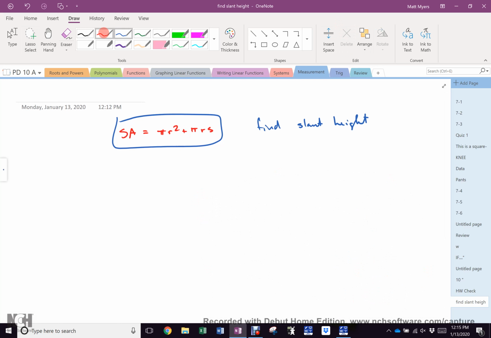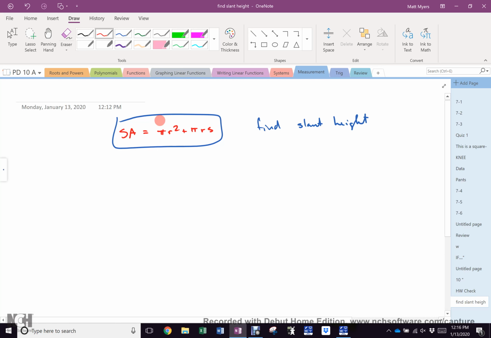All right? So if I want to isolate S here, where should I start? If I'm going to end up with S being by itself, where must I start? If I'm going to drive to Disneyland from Abbotsford, where must I start? Abbotsford, as far away from Disneyland as possible. So, where in this equation is as far away from S as possible? Pi r squared.